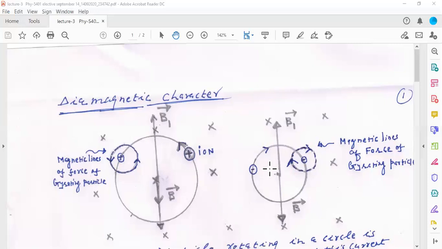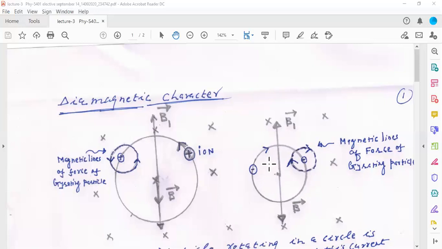Then the curvature of the fingers will indicate the direction of gyration of the electron.